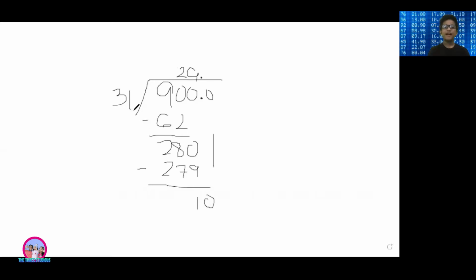10 divided by 31 is 0. 0 times 31 is 0. 10 minus 0 is 10. We need a 0 again, so put a 0 and bring down. 100 divided by 31 is 3. 3 times 31 is 93.